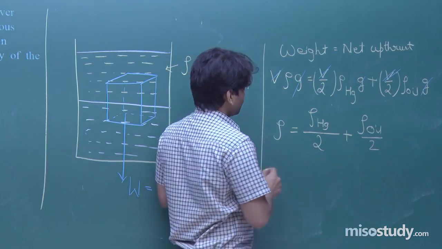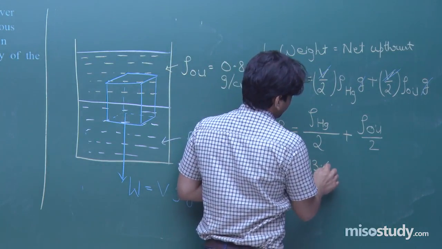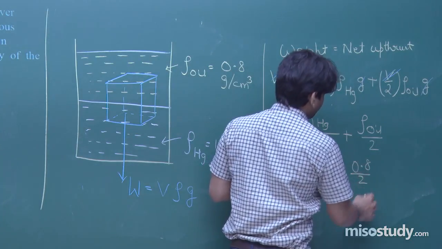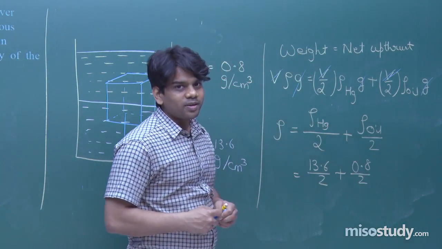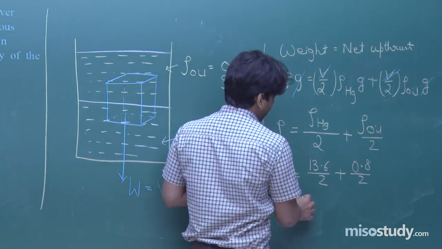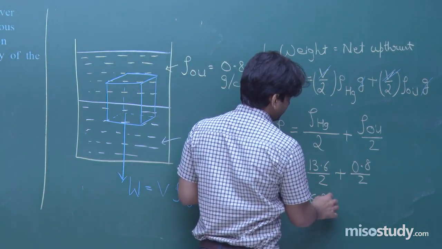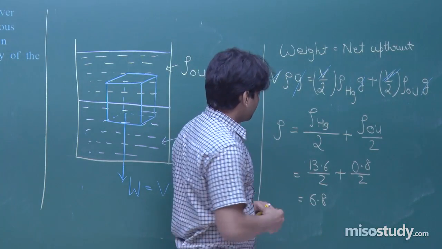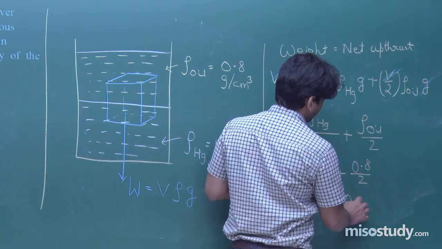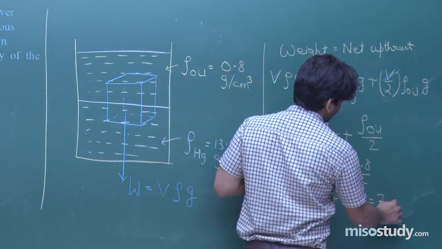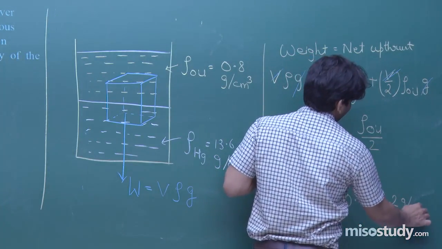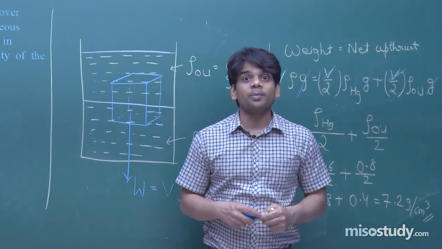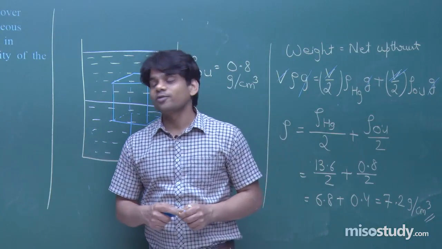Substitute the values, you will obtain 13.6 divided by 2 plus 0.8 divided by 2. 13.6 divided by 2 will give you 6.8. That's quite clear. 0.8 divided by 2 gives 0.4. 6.8 plus 0.4 will give you 7.2 gram per cubic centimeter. So 7.2 gram per cubic centimeter is the density of the substance.